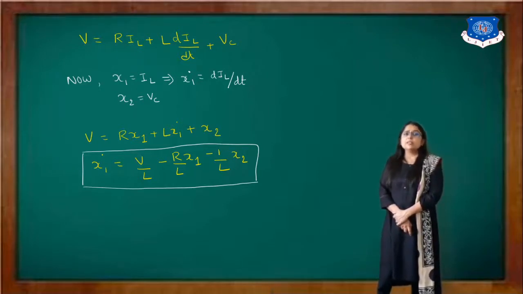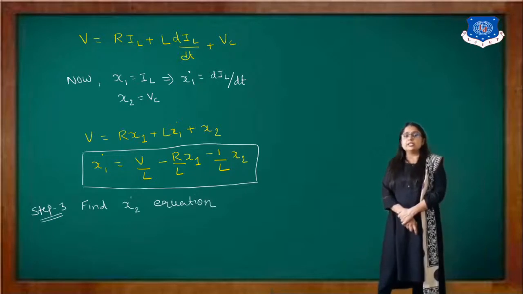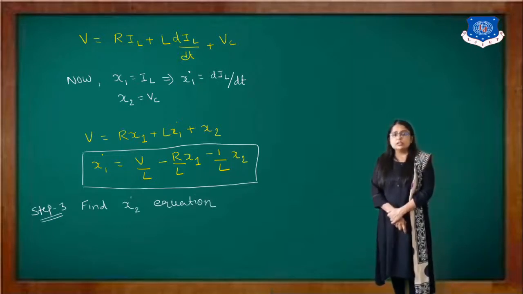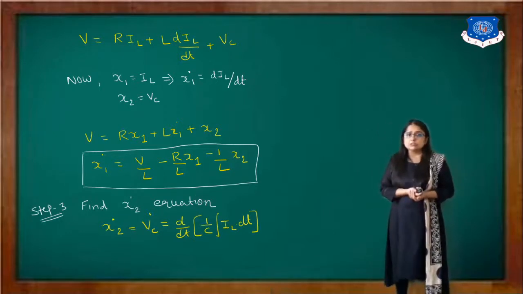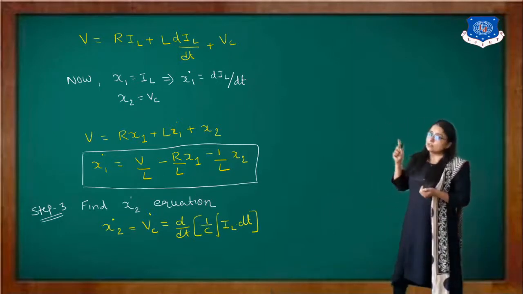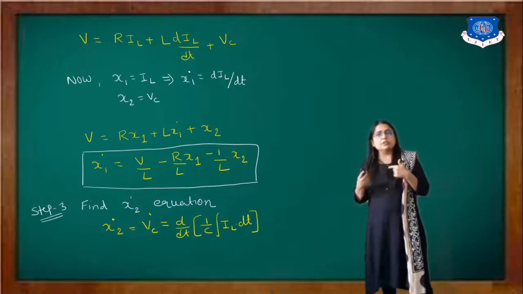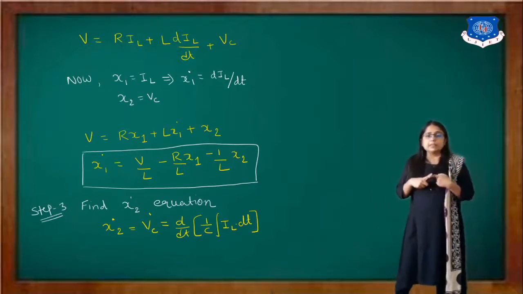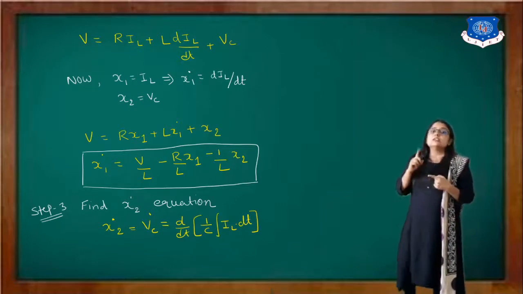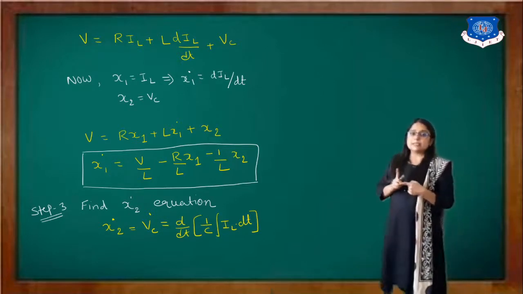Similarly, we want to find the x2 dot equation. x2 dot is VC dot, because x2 equals VC. If I want the differentiation of x2, I have to take the differentiation of VC, which is the voltage drop across the capacitor.